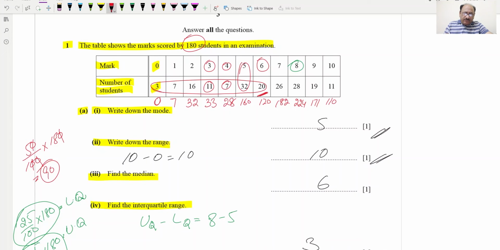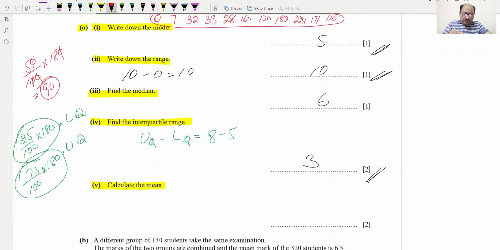Now we will add all these numbers and then divide by the total frequency, which is 180. The formula for the mean is sigma fx over sigma f.